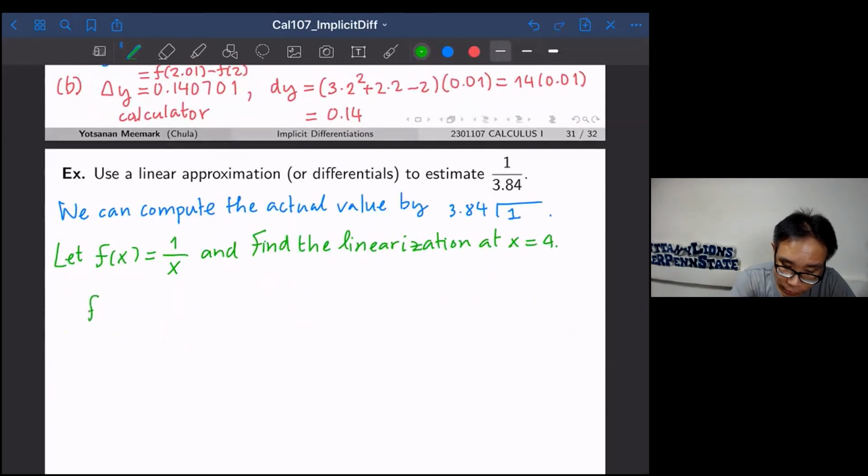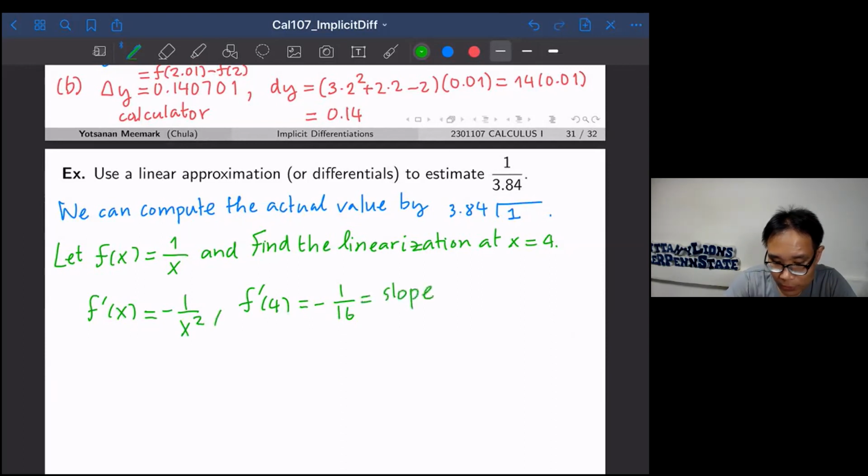So you have f prime of x equal to negative 1 over x squared. Okay, so you get f prime of 4 equal to negative 1 over 16. This one will give you the slope. Now the point will be x equal to 4 and 1/4.